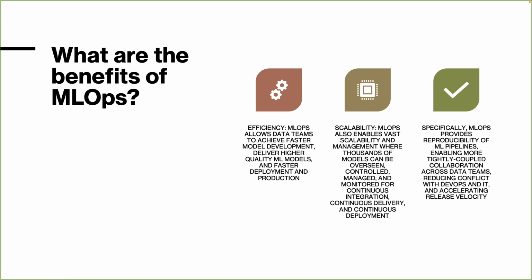The key benefit of using this MLOps approach is obviously increasing efficiency and scalability and reducing the risk whenever you are deploying machine learning models to production. So when I say efficiency, it would allow the MLOps and data science teams to achieve faster model development, and it would help them deliver high quality machine learning models and faster deployment to production.